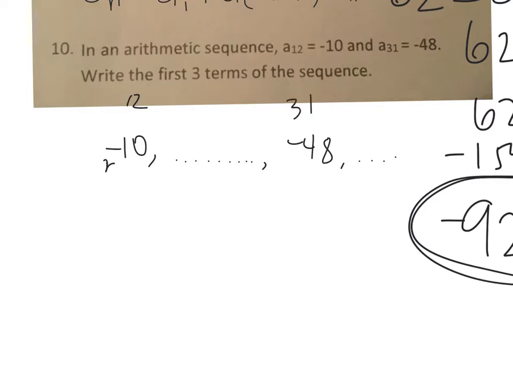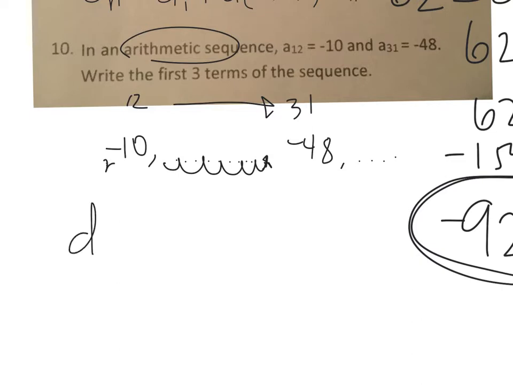This is 31. Okay, because we know this is arithmetic, everything is added by the same thing. So I need to get from negative 10 to negative 48, and I need to do it in this many terms. So we can break this apart and figure out what the difference is in between every one of our terms.